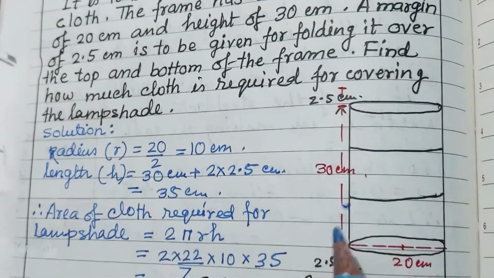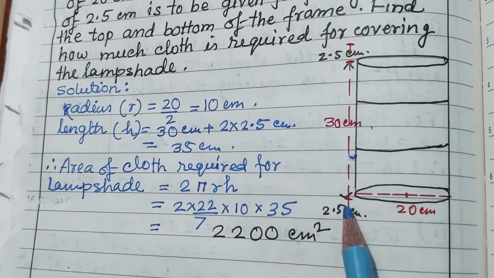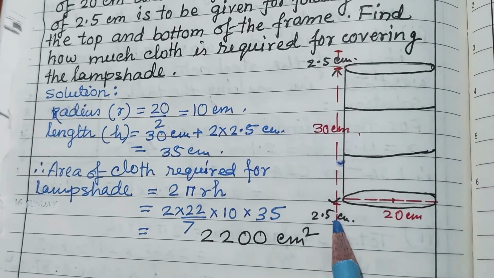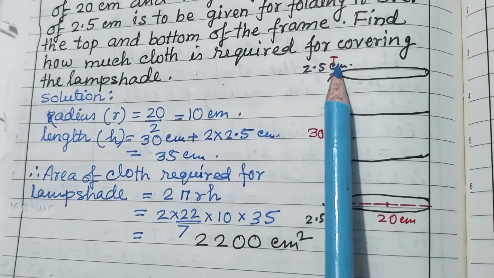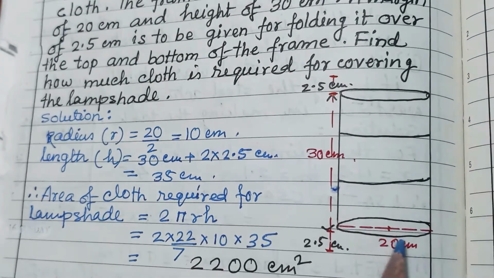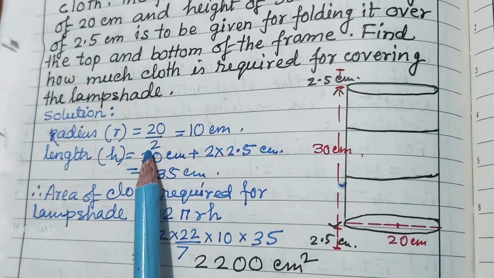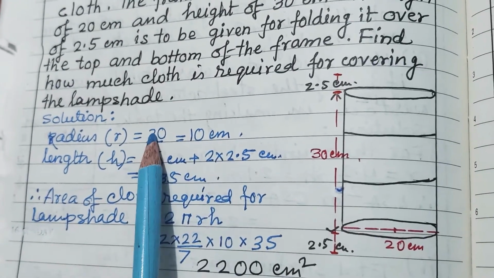Now see the figure. Length is 30 cm, but 2.5 cm in the bottom and 2.5 cm at the top. That is for folding it. Okay. Radius is 20 upon 2, it is 10 cm. Diameter is 20.